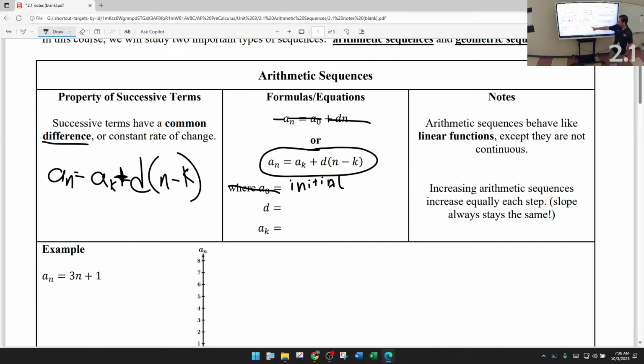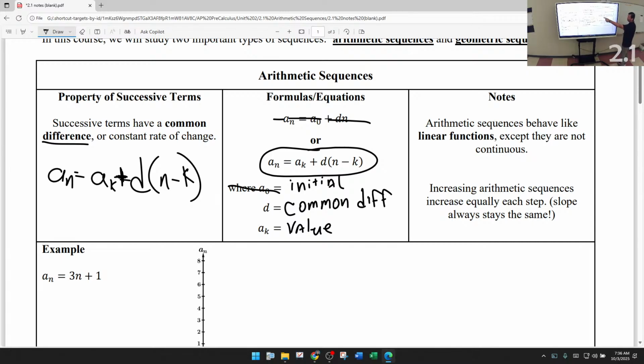D is that common difference, and a sub k is that value. I think knowing how to do this is better than the definition.